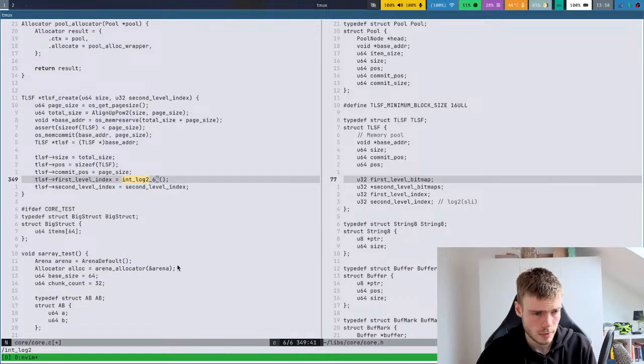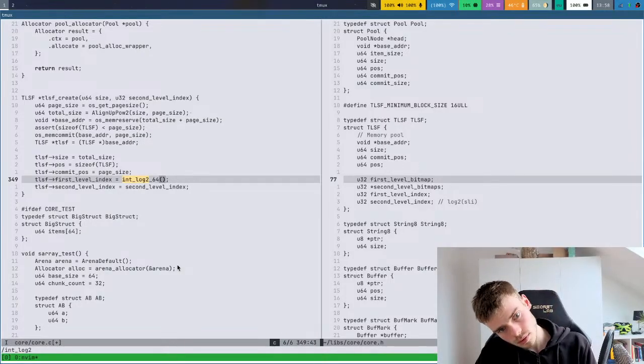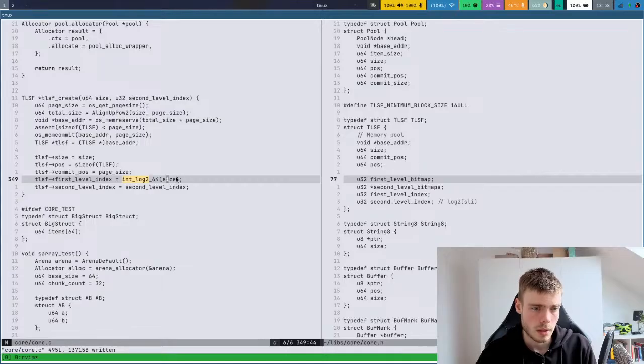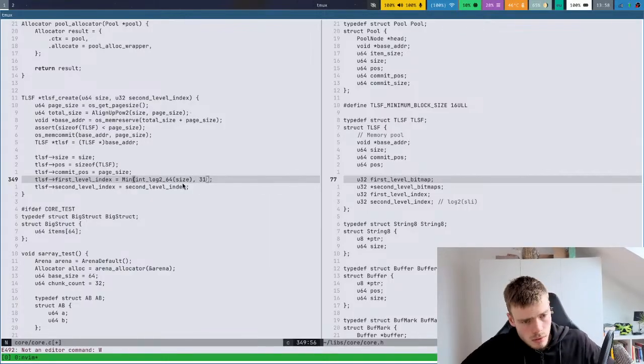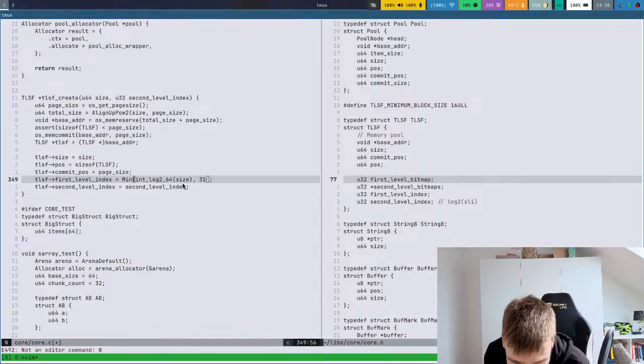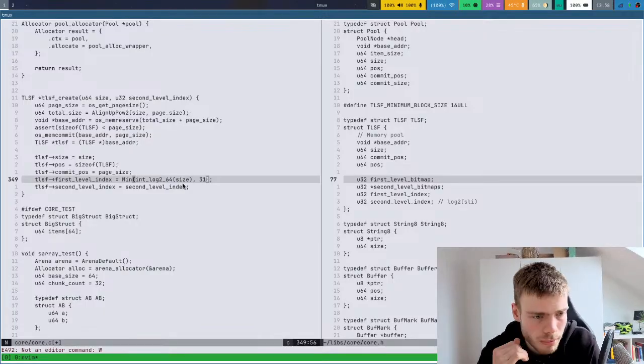Yes, here it's index, it's just the size, and it also said min this and 31, but I don't know why it is. 32-bit bitmap.